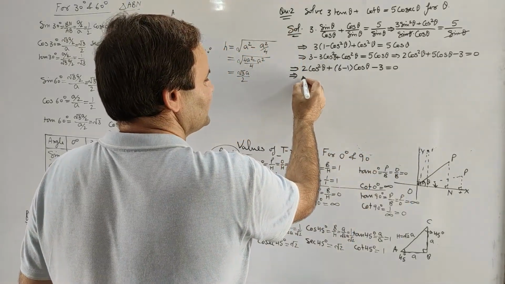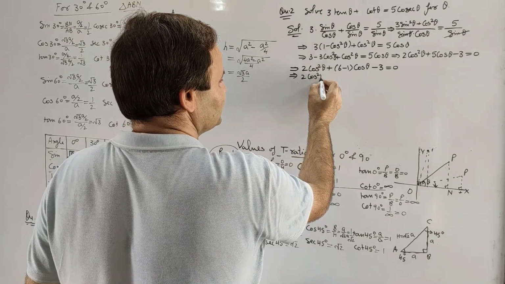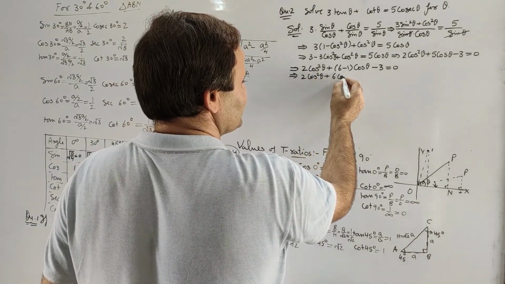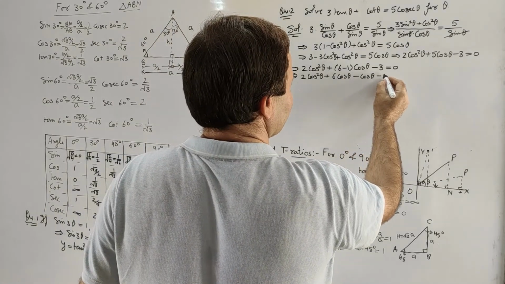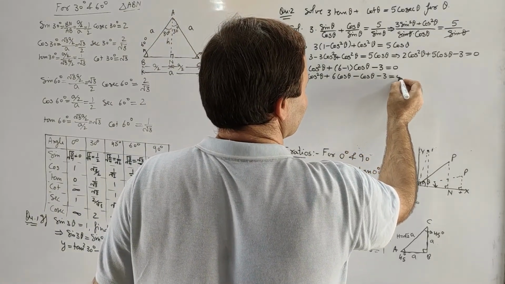This gives 2 cos square theta plus 6 cos theta minus cos theta minus 3 equal to 0.